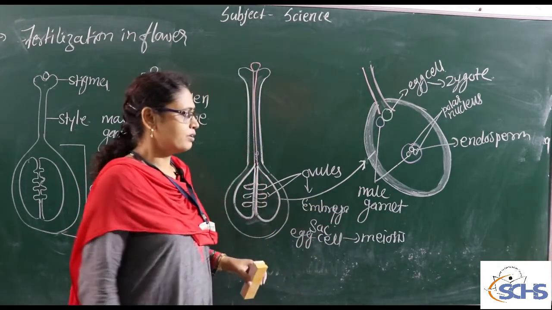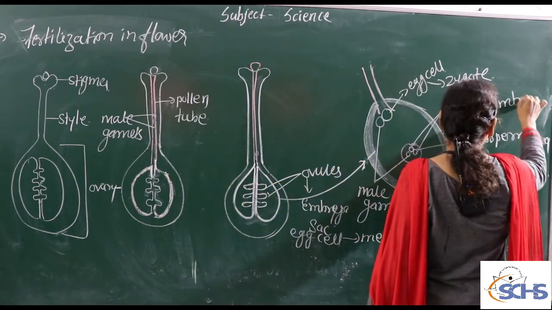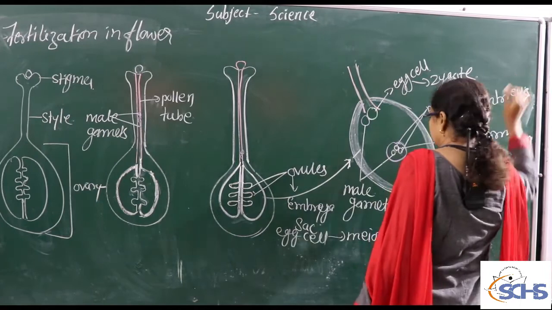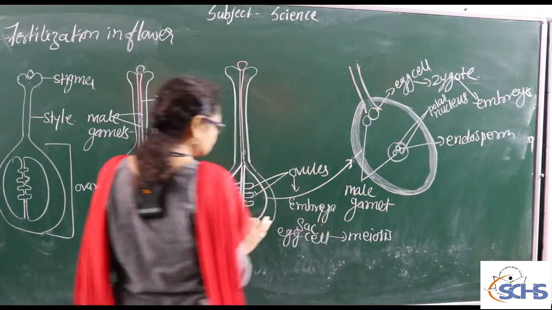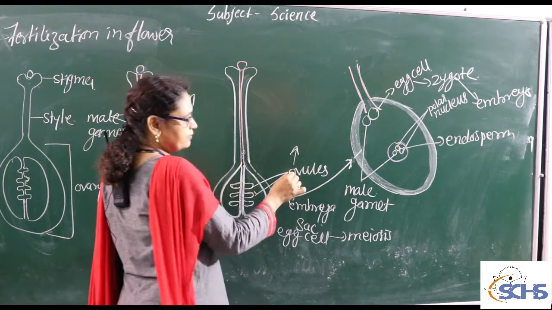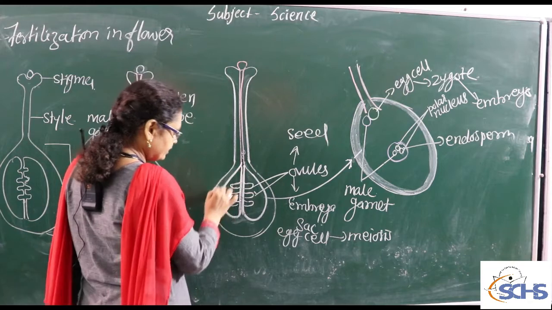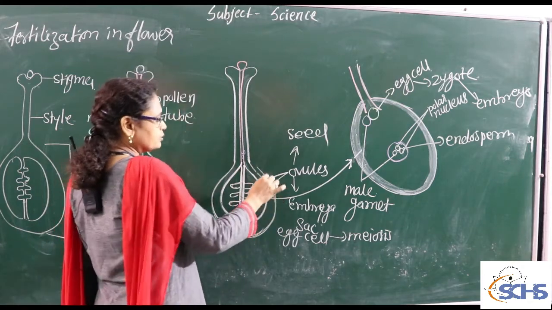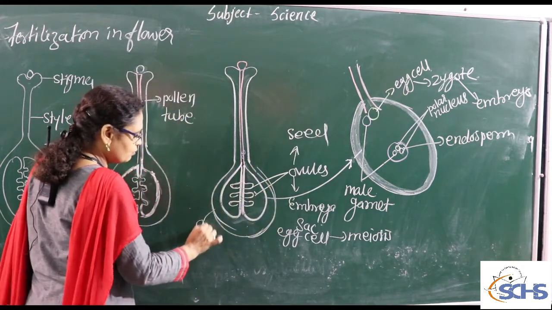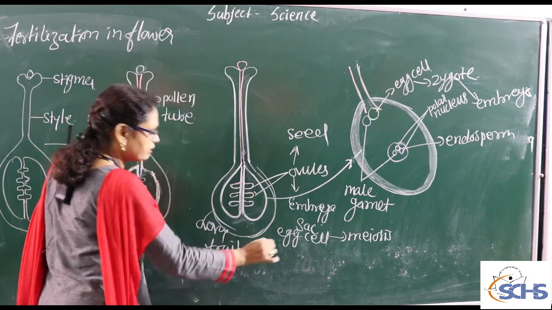And after that, the zygote turns into the embryo. This ovule which is present here, after the process of fertilization, is converted into the seed, and this ovary, you can see, is converted into the fruit.